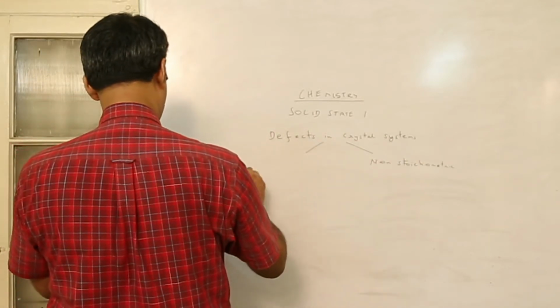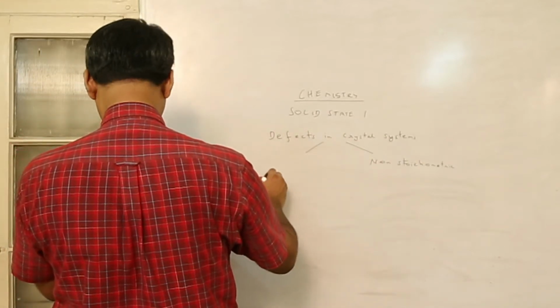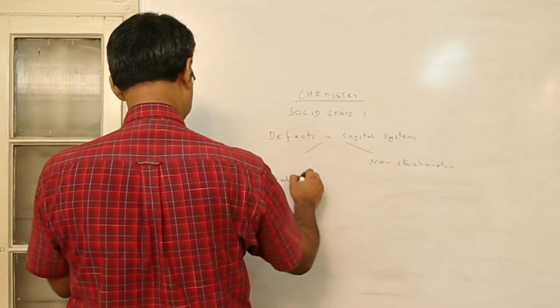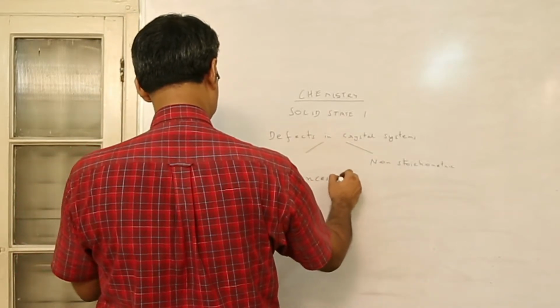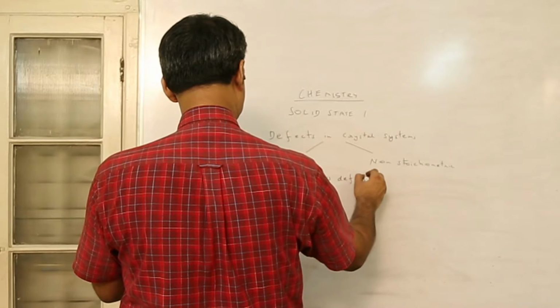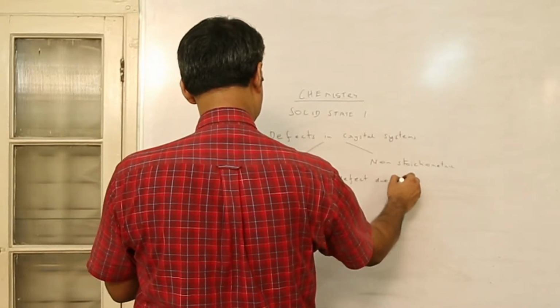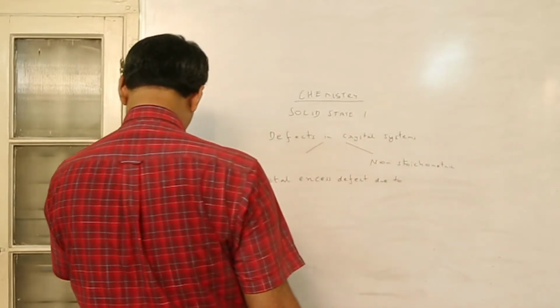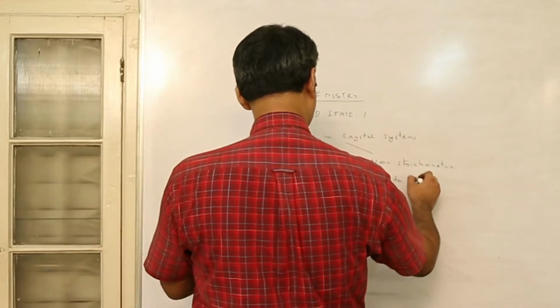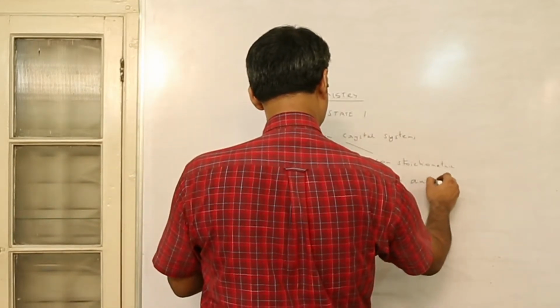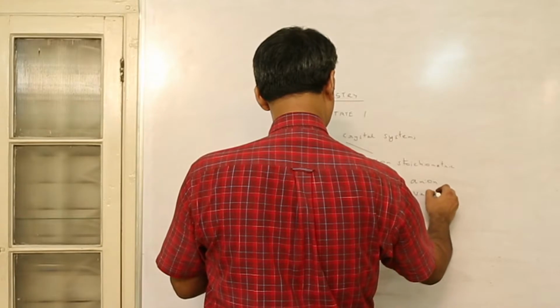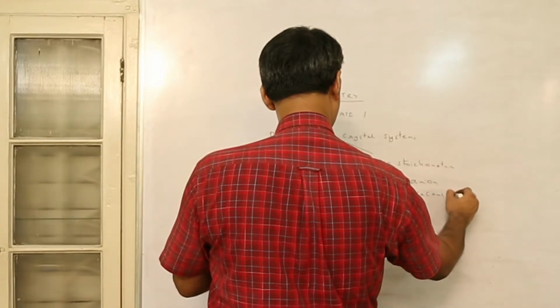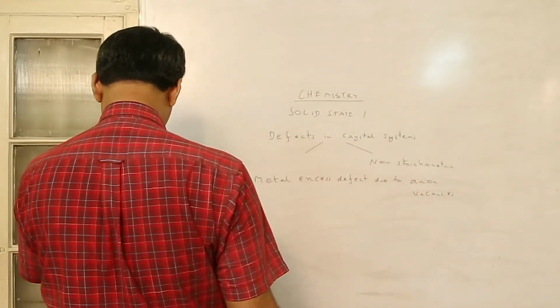The second one is called metal excess defect due to anion vacancies.